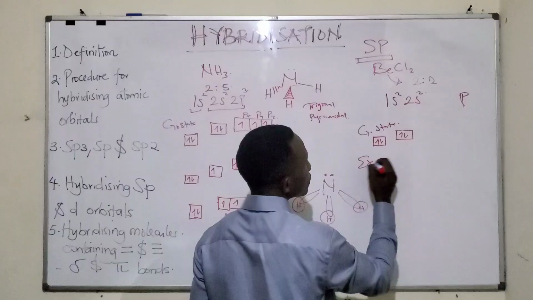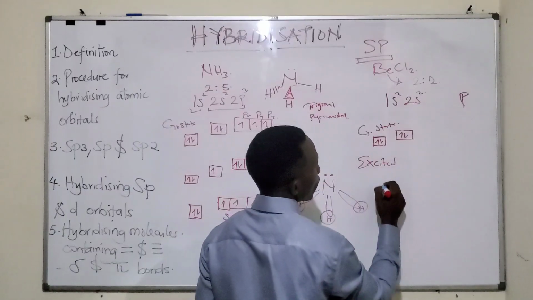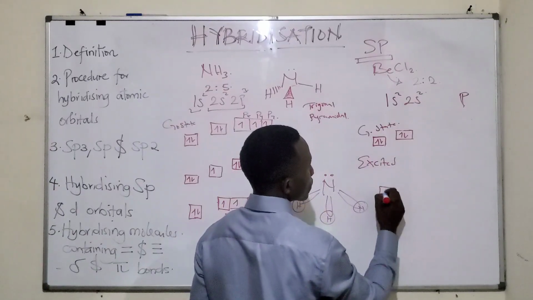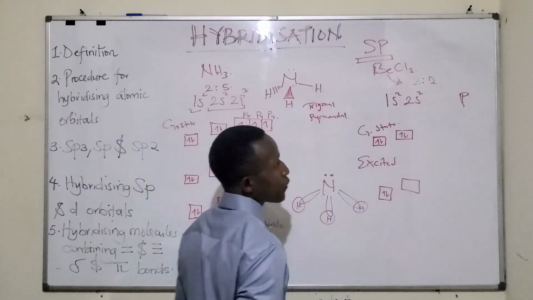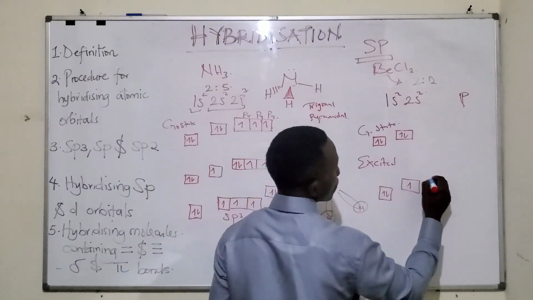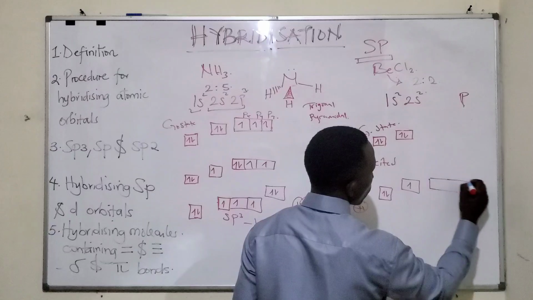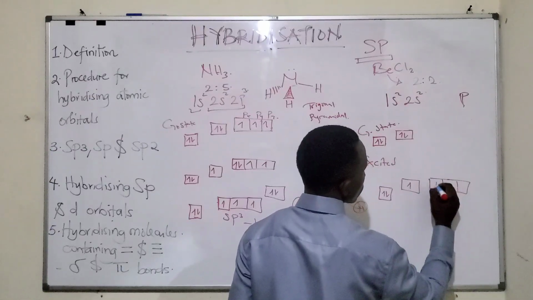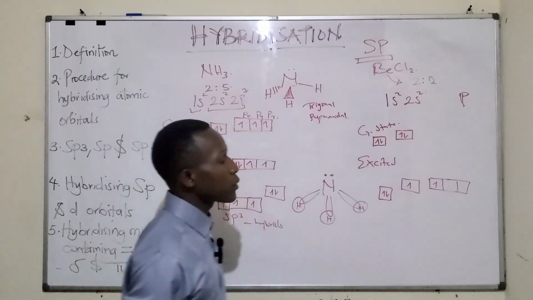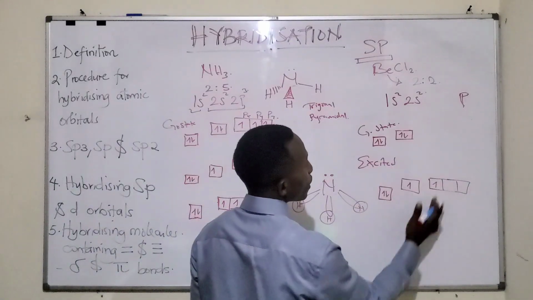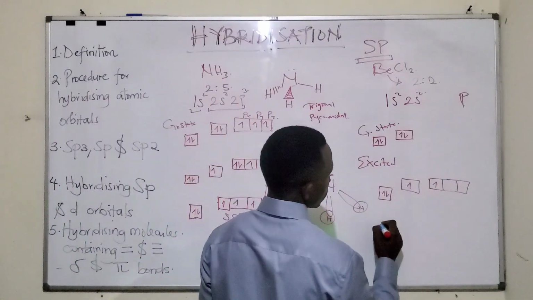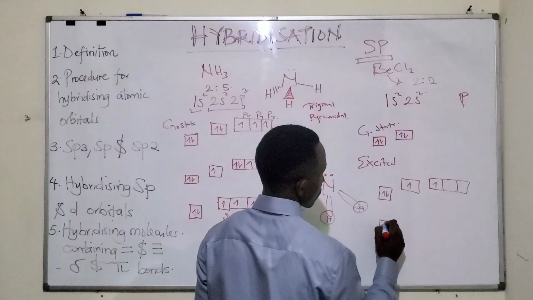At the excited state, we shall have this. 1 electron will be promoted to a higher energy level, so it will go to the p orbital, like this. Then we have to mix the orbitals. Shall form this.